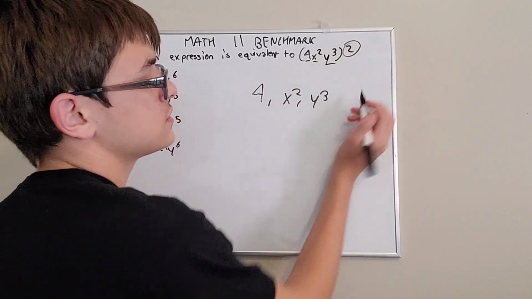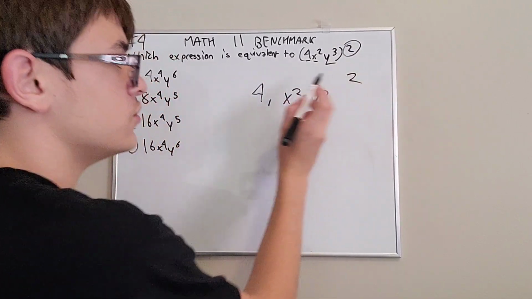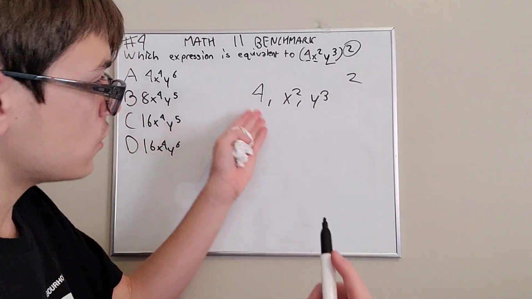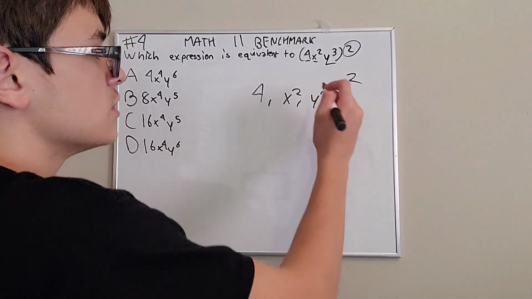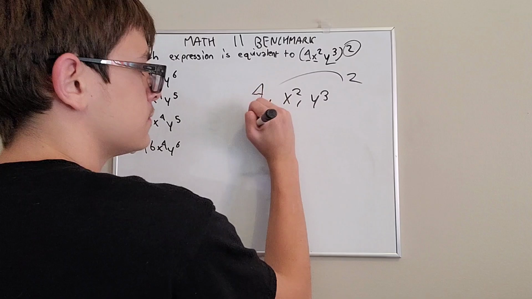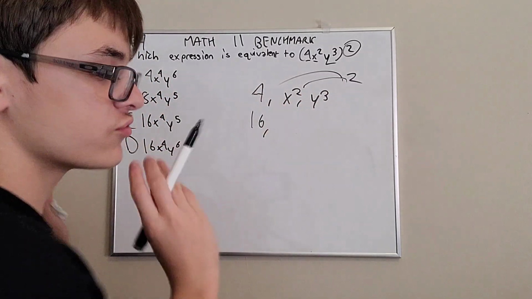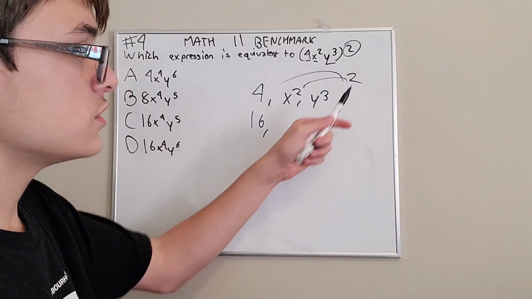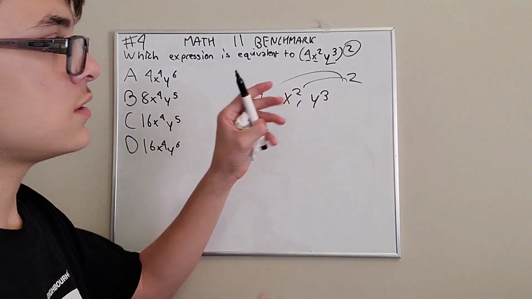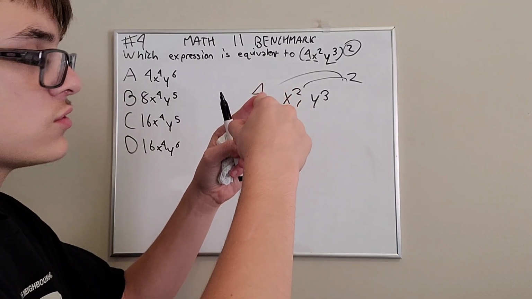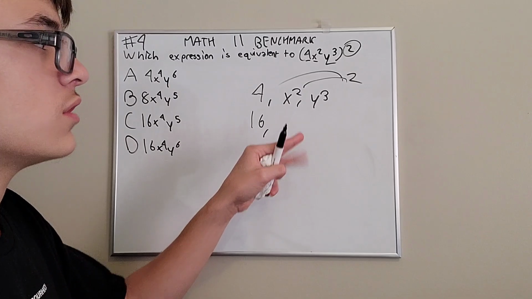So then you take this to the second, and you just have to distribute it along the 3 terms we have here. So 4 squared is 16. X squared is going to be, because remember, when you're taking 2 to the power of and putting them together, you're going to be multiplying the value of the exponent.